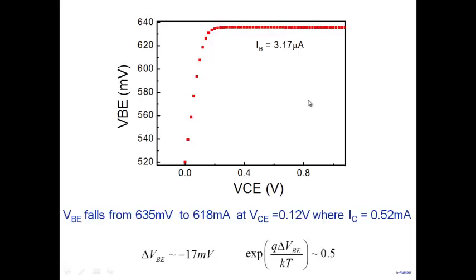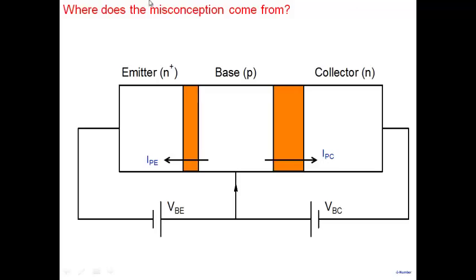So that's the correct picture. But why has this misconception formed? Why do students carry away this misconception of this is happening here? What is the reason? The misconception actually comes from many times in the books.